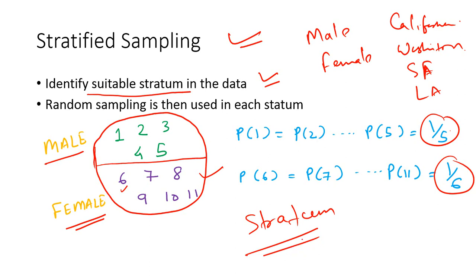Sometimes you want data from each of the cities that you are doing the study in. Sometimes you could have data where you want equal representation from each category of data. In that case stratified sampling is very handy, and it's very popular, by the way, in predictive modeling or any data science project that you are doing nowadays.